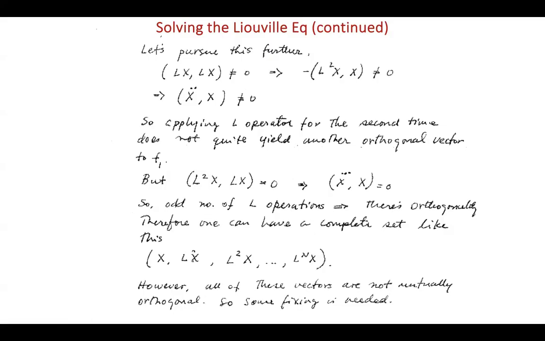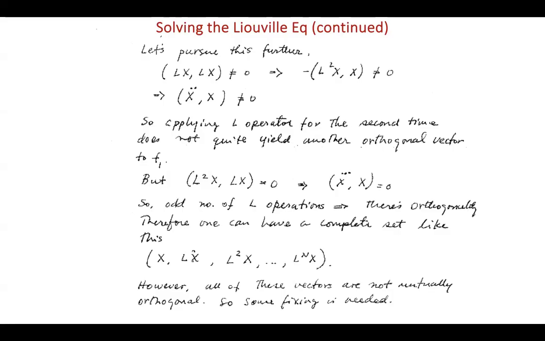That was lemma 2. So Lx comma Lx non-zero means minus L squared x comma x is non-zero, which means x double dot comma x is non-zero, which means while x dot comma x is 0, x double dot comma x is dead on arrival. That doesn't work.